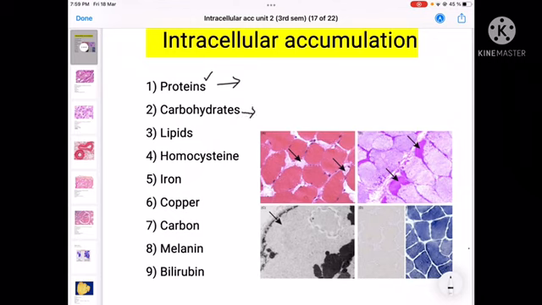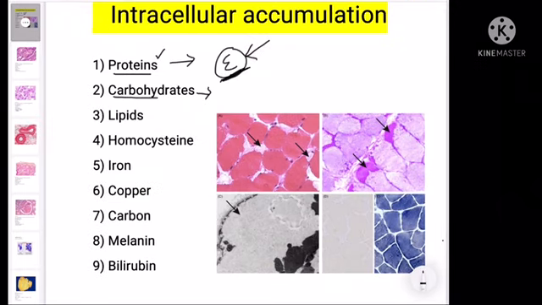Carbohydrates are metabolized and give energy to the cell, to the tissues, to the body. Whenever the enzyme responsible for the metabolism of protein, carbohydrates, lipids and homocysteine and other compounds gets disturbed or its function becomes affected, then these proteins, carbohydrates and lipids start to accumulate in the cell.